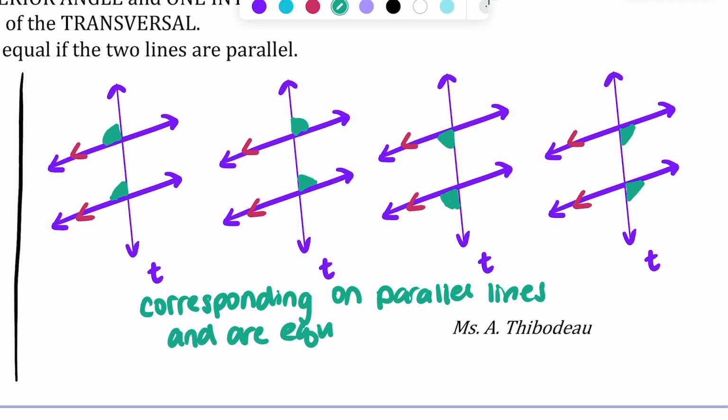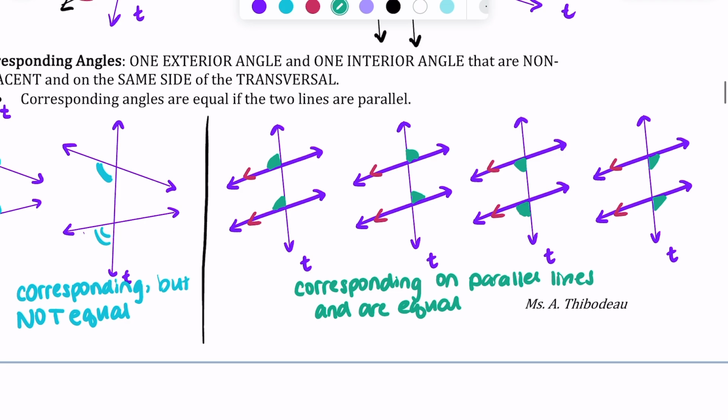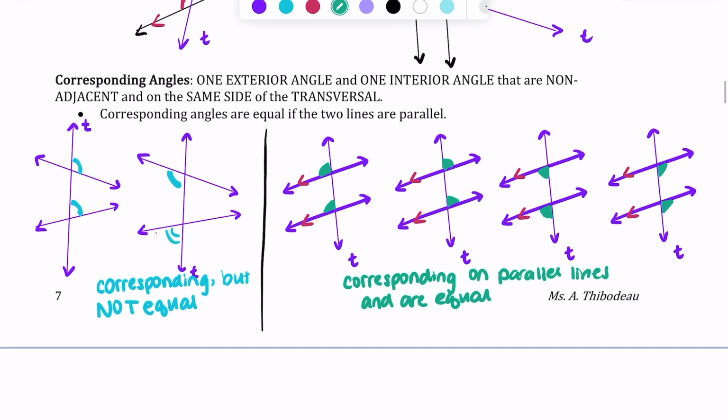So if I know the measure of one of my corresponding angles in that corresponding angle pair, I will automatically know the other if the lines are parallel. If the lines are not parallel, then the corresponding angle pairs are not equal to each other. But if the lines are parallel, each pair of corresponding angles will be equal to each other.